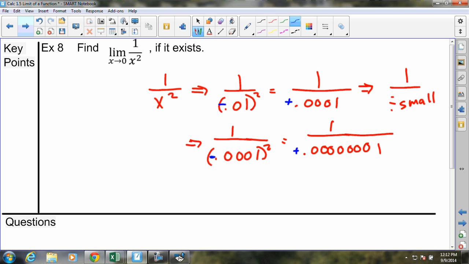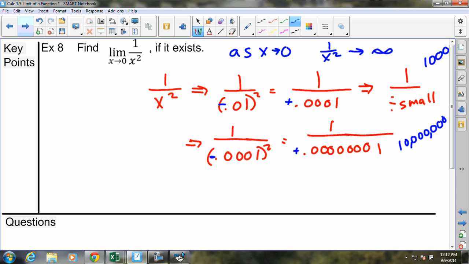So what's happening with these? This one was actually 10,000. This one was 10 million. And if we took more zeros and added them in, what's happening to the limit? It's getting bigger and bigger and bigger, so that as x approaches 0, 1 over x squared is approaching infinity.